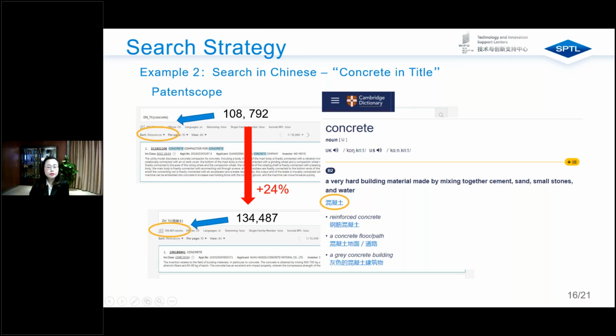From English "concrete" to the Chinese "concrete", that's 3 Chinese characters, the hit number increased by 24%. Since Chinese is very different from English and belongs to a very different language family, it is better to use Chinese as keywords to do the Chinese documents search. If only English is used for searching Chinese documents, quite a number of the documents will be missed.